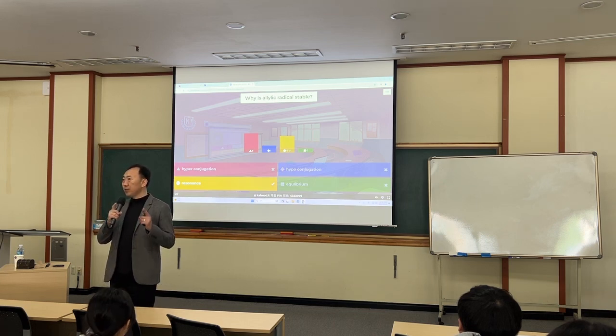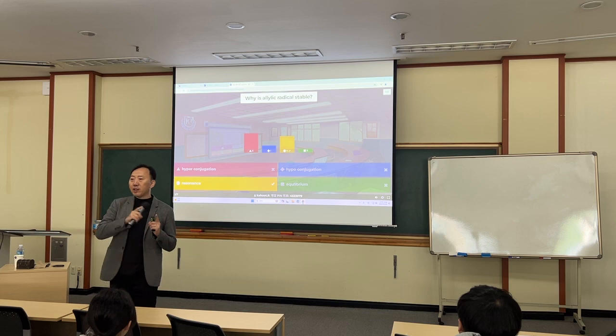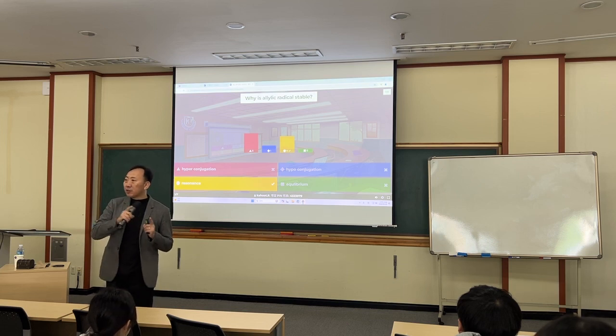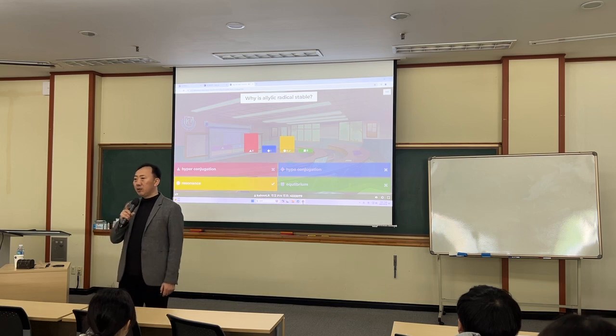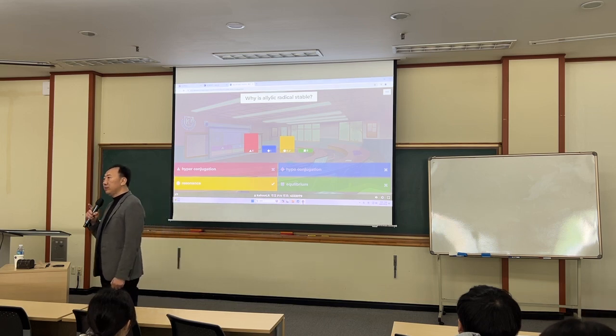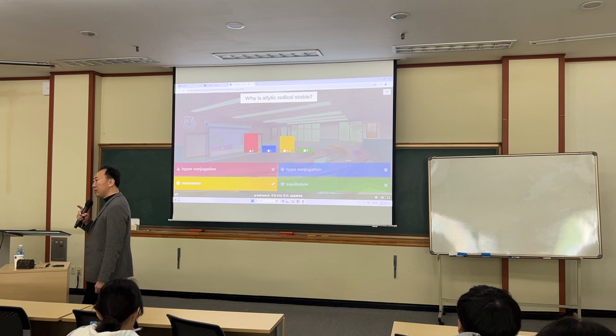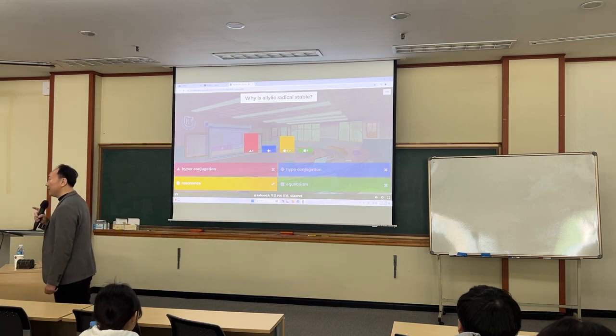You could use a nearby pi bond. Not only one position, you can share the radical character over 3 atoms. There is resonance. That's why allylic radical was super stable. That's why allylic bromination was a radical reaction.